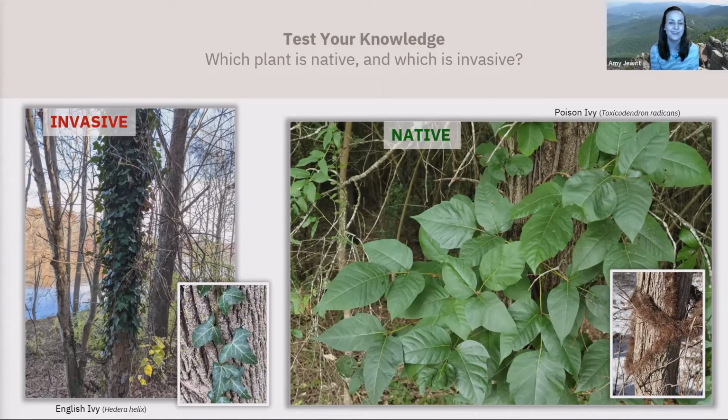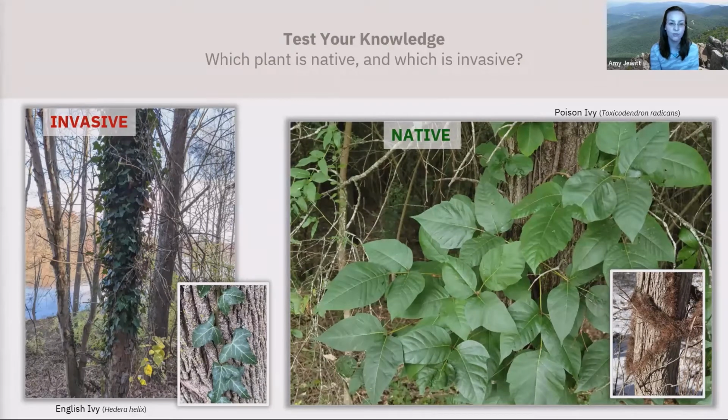I put the term great in there because even though many of us know this is something that can cause pretty severe skin rashes on humans, it actually is a really awesome plant for our native wildlife, especially birds. Birds will very often eat the berries produced by poison ivy, and that will help fatten them up when they're getting ready for migration season.